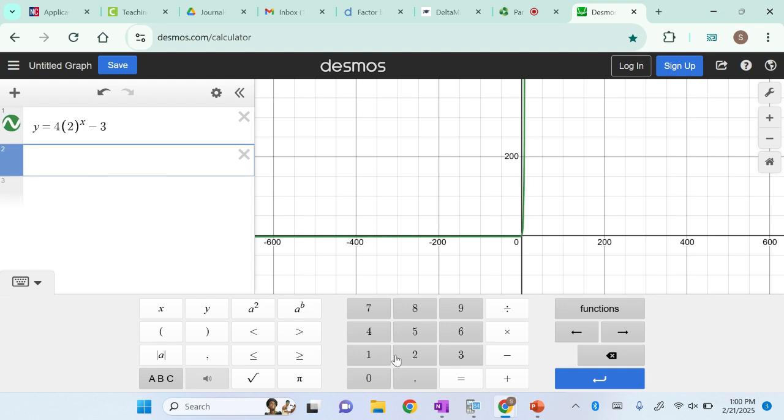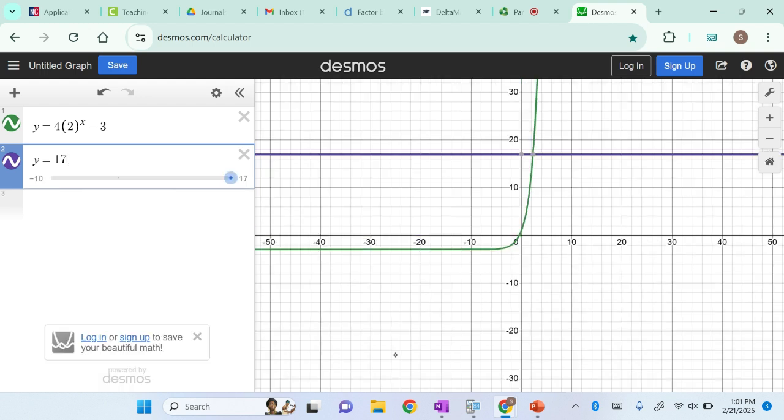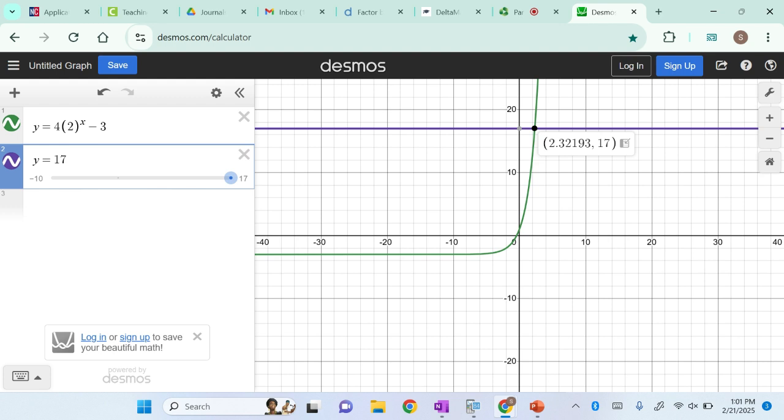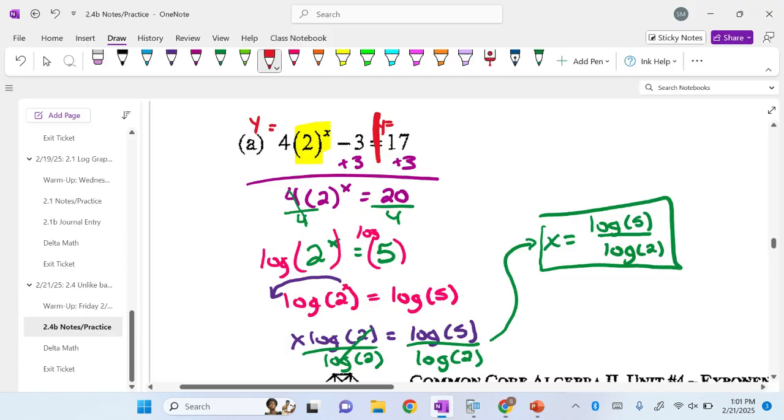And then I got y is equal to 17. Let's find that point of intersection, which if I zoom out, 2.32 is my answer. And is that about what you got approximately after we solved it? Yeah? That's another way we could have solved it.